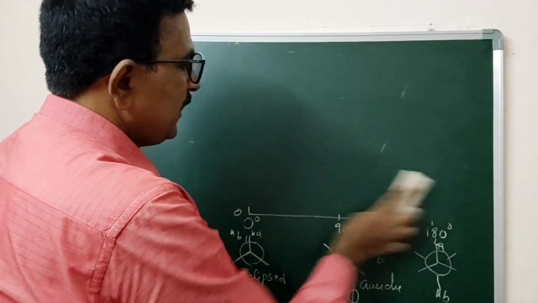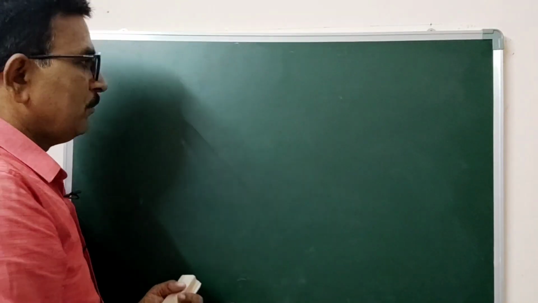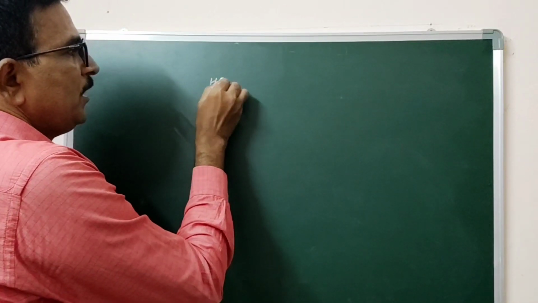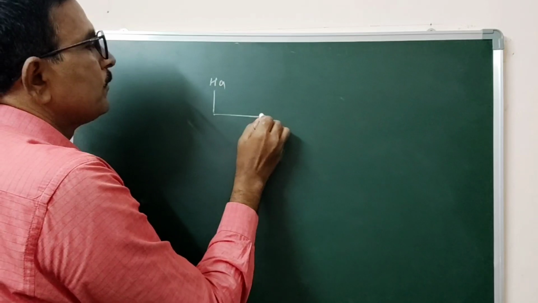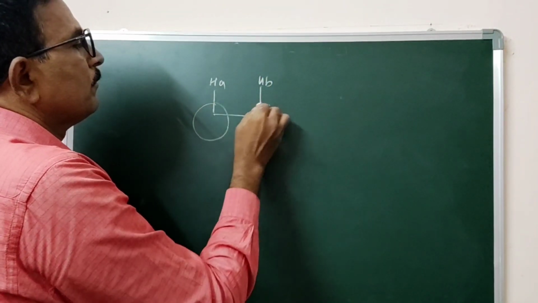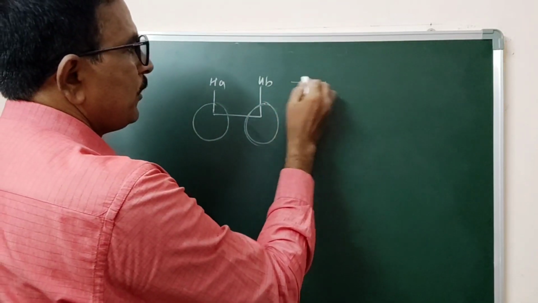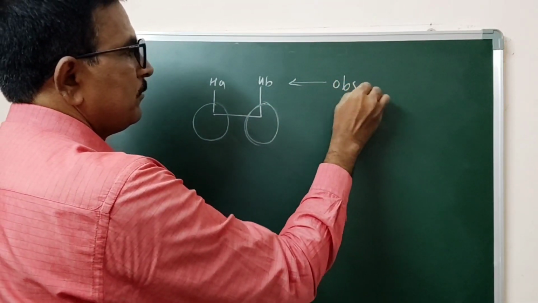We can represent it as, say for example, HA hydrogen, this is HB hydrogen. Now you are observing from this side.